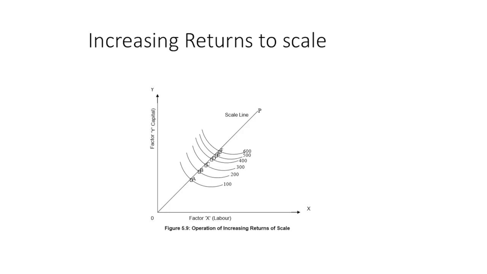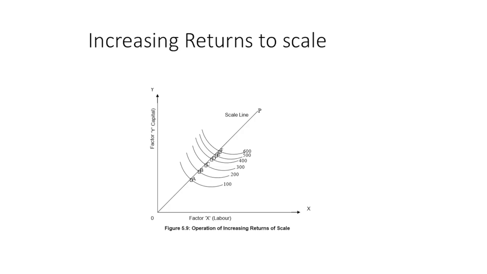Here OP is the scale line and the factor inputs are varied in the same proportion, but the distance between the successive curves A, B, C, D, E, F is decreasing, while the output is increasing.